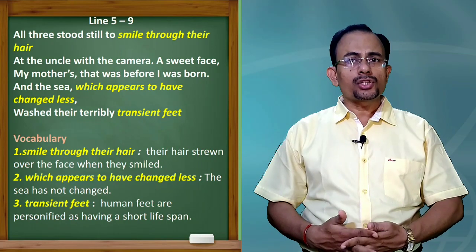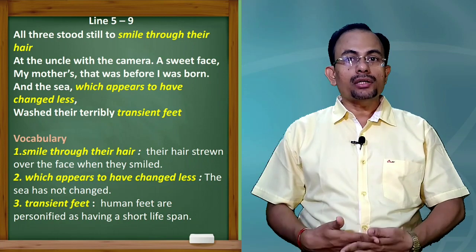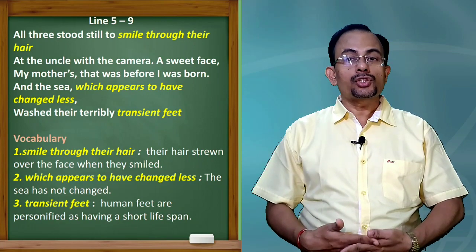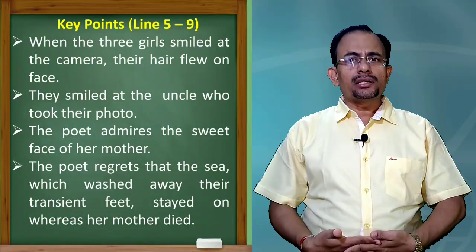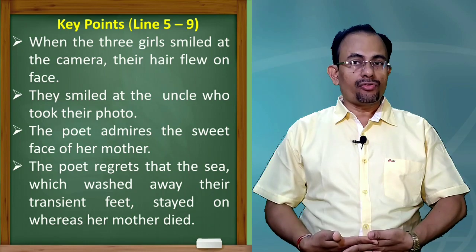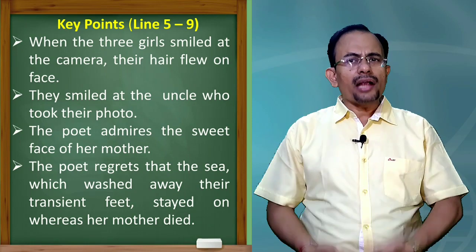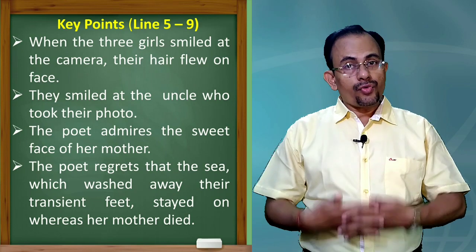Transient feet refers to human feet which are personified as having a short lifespan as against immortal nature of the sea. All three girls posed for the camera while their hair dangled over their face. They smiled at the uncle as he was taking the photograph.